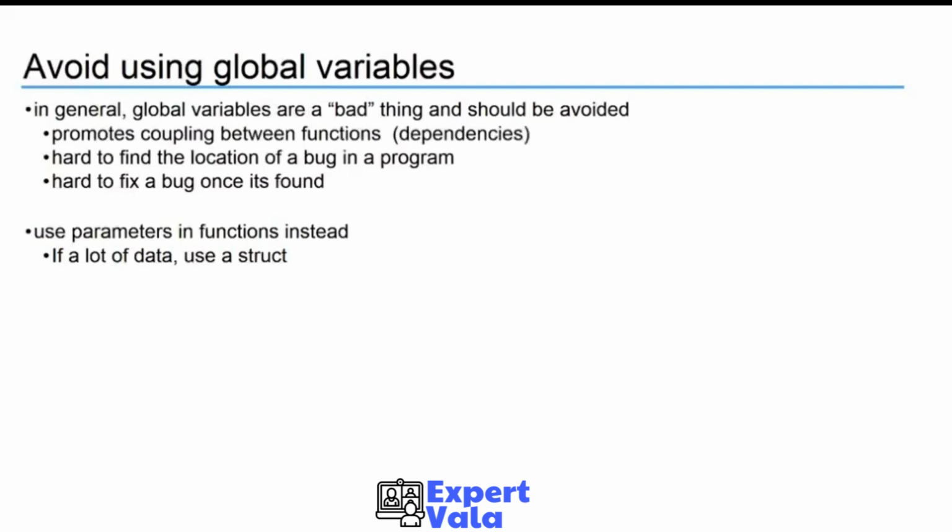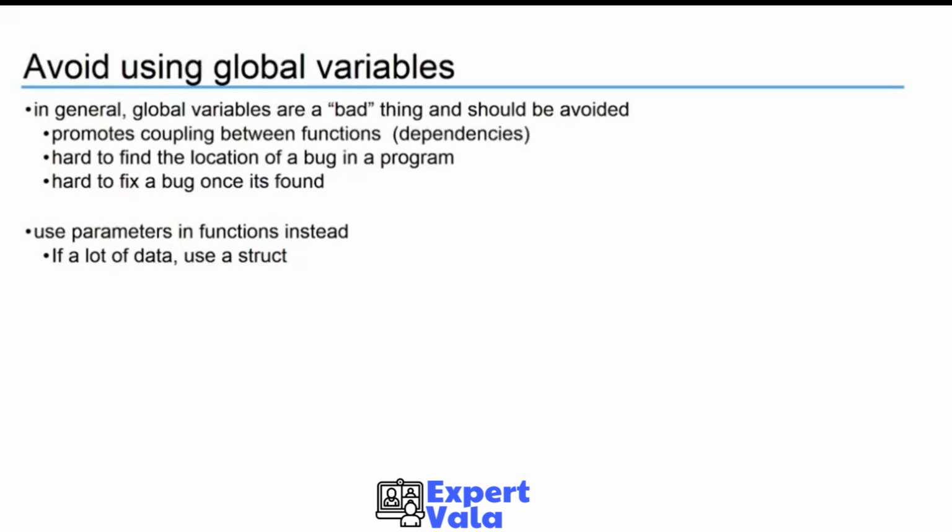It also talks about how many parameters you should have in your functions. If a function has 20 parameters, it's an indication that something is wrong, mainly because that function is probably doing too much. But a function can have access to data by just passing the data to it.